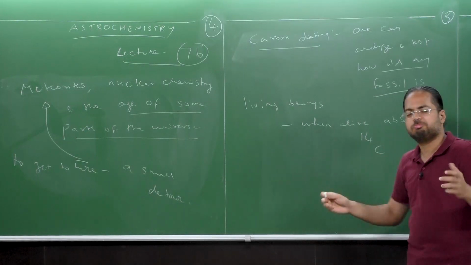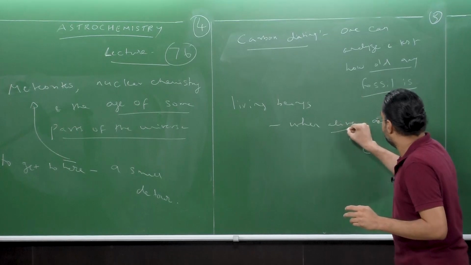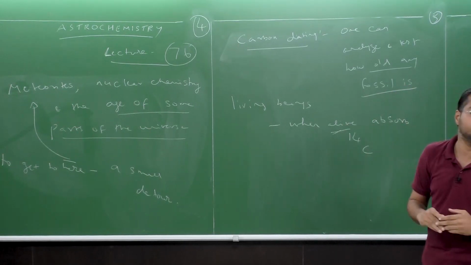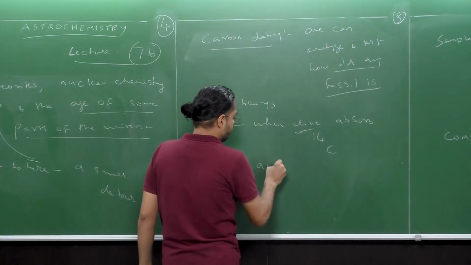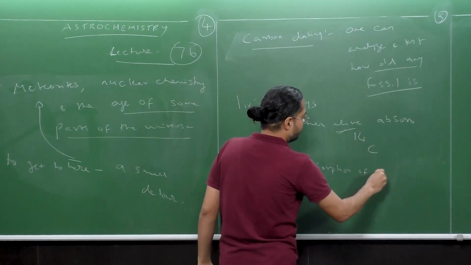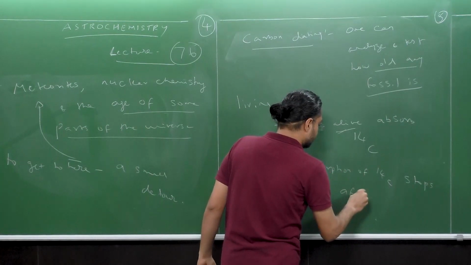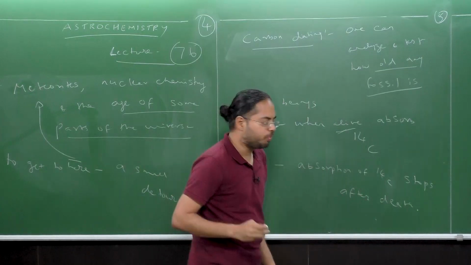But we also absorb some 14 isotope, but when alive. So after death, the absorption of the 14 isotope stops. Okay, absorption of carbon-14 stops after death. Okay, please note this point.